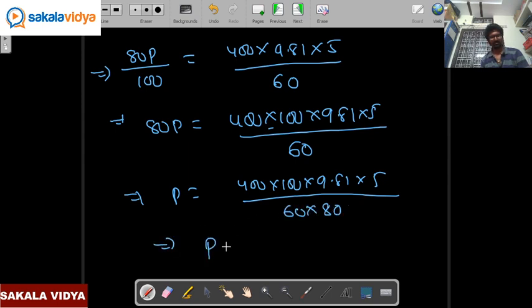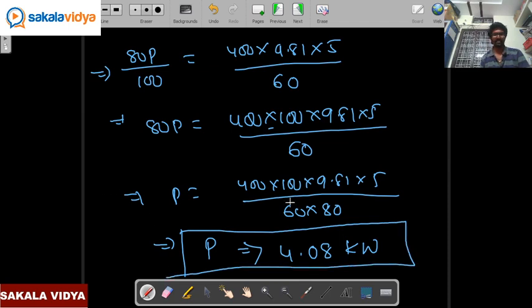So the power is equal to 4.08 kilowatts. So that is the power of the engine which is going to lift 400 kgs of water from a well.